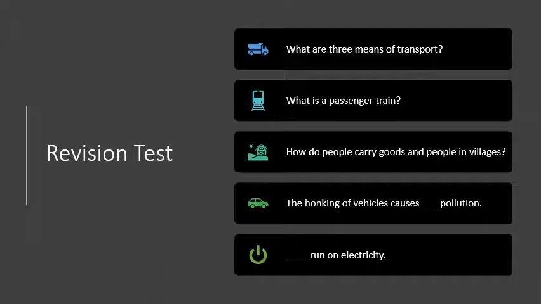The next fill up is dash run on electricity. So this is a revision test for chapter number 12. You have to do this test in your EVS copy.